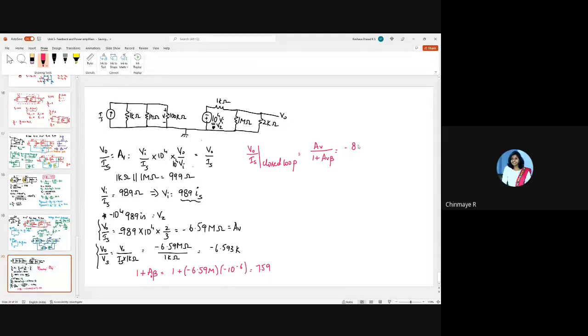Okay, minus 868.3 K. Correct? So this will be closed loop. Similarly, now can you calculate what is V naught by VS closed loop? This is V naught by Vs open loop divided by 1 plus A beta. Okay, can you try to do it yourself?